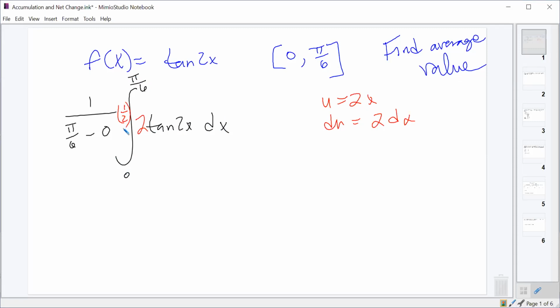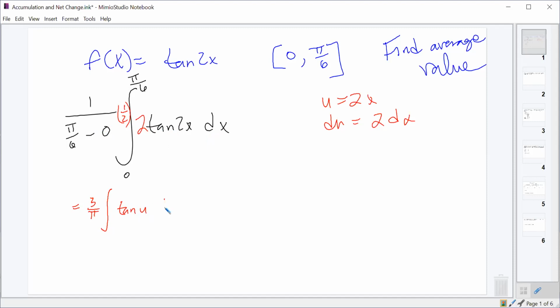Okay. So we'll simplify the constant out front first. Pi over 6 minus 0 is just pi over 6, and 1 over pi over 6 is 6 over pi. So we got 6 over pi times a half, which should give us 3 over pi. And then now we're going to integrate, and the 2 dx will become a du, and then the tangent 2x will become a tangent u.